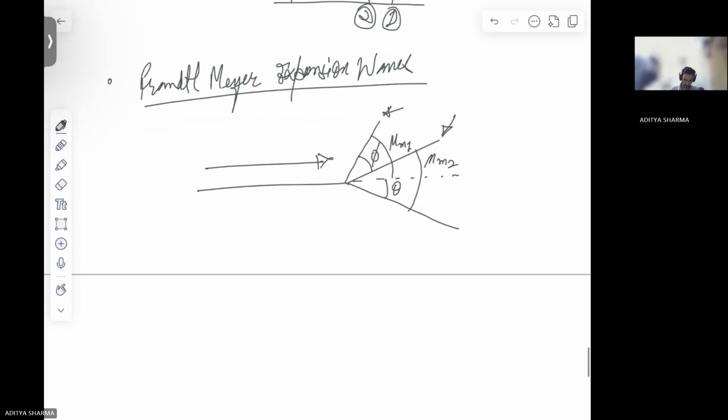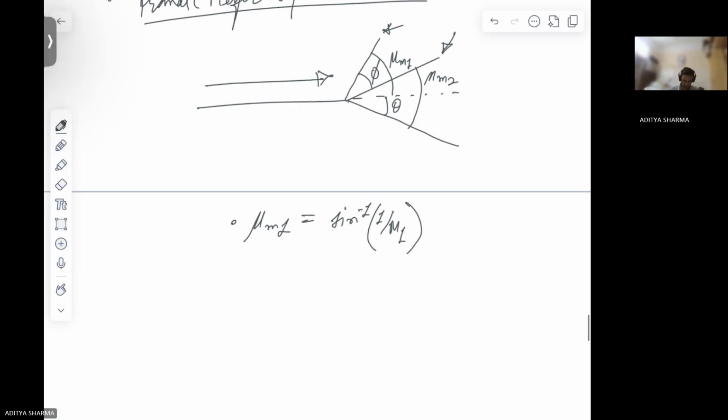Now mu m1 is sine inverse of 1 by M1. Mu m2 is sine inverse of 1 by M2.